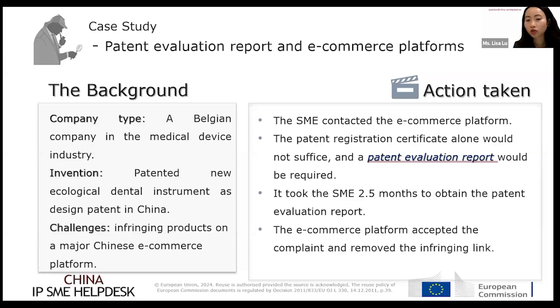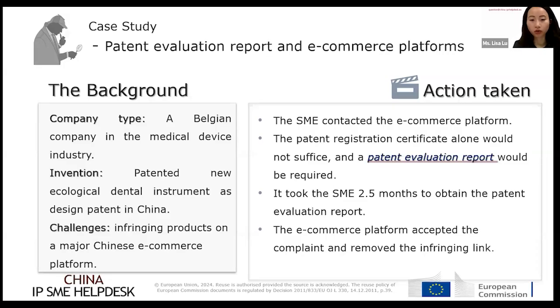The SME had already filed the patent registration certificates, and they thought that would be enough to finish the complaint, but it was not. The platform still asked for the patent evaluation report, because the registration certificate alone will not suffice.